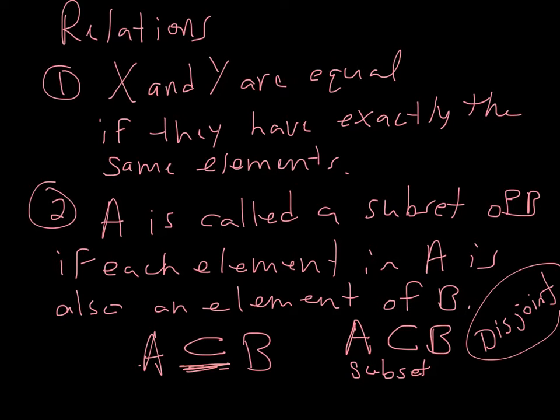So if they have no elements that are in both of the sets, they're called disjoint.